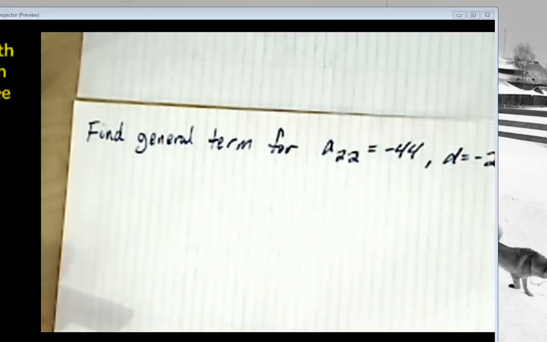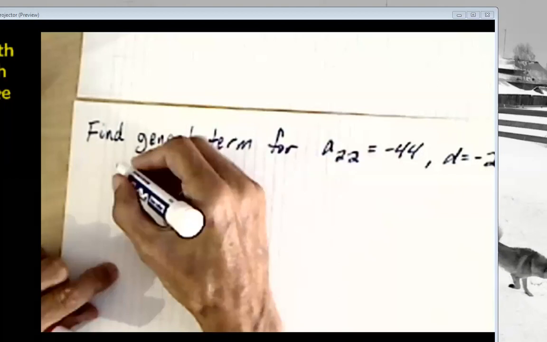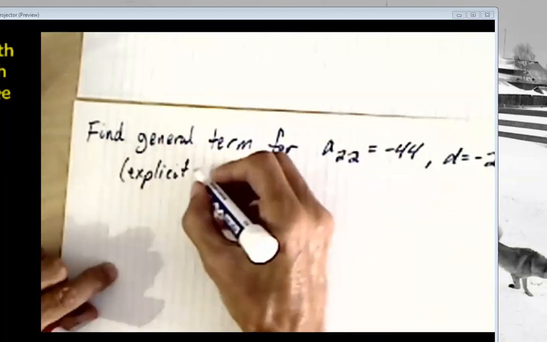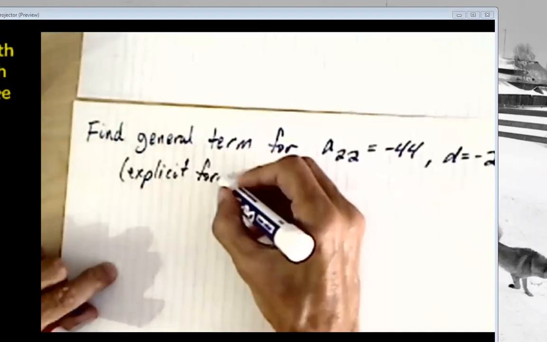The general term, I mean, like the formula. It's the explicit formula. Another way of saying it. But yes, we do need A1 as part of that deal.